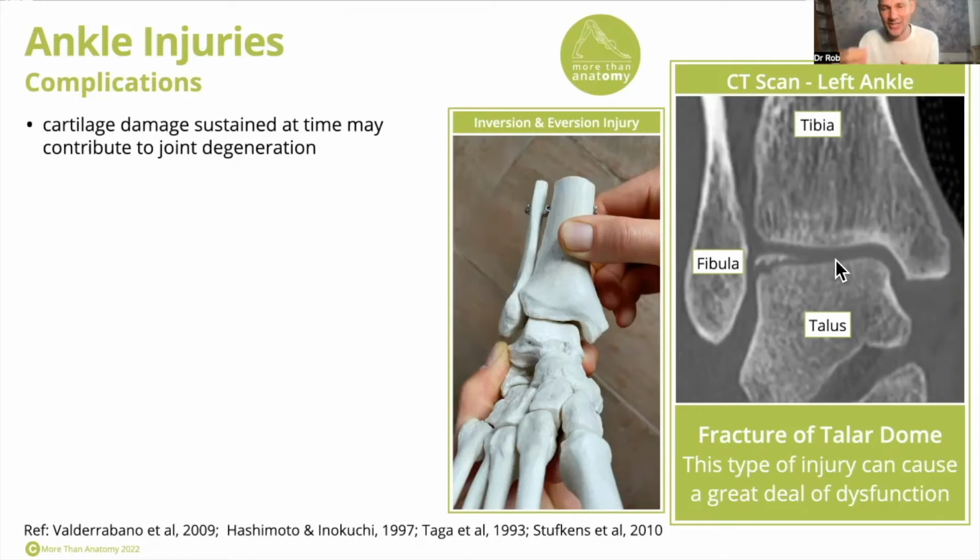When you add into that the insult that we're providing to the joint on a daily basis, so each day we move our joints and we create a little bit of micro trauma, again, it means that the cells just don't have the capability to repair. And that's why we generally see that all our joints are degenerating slowly.